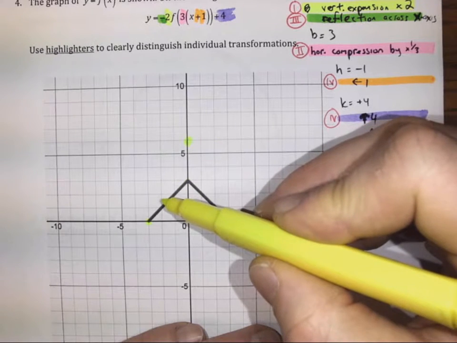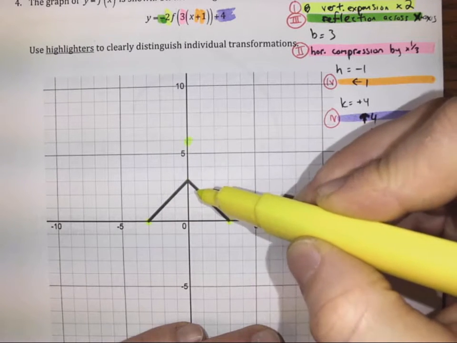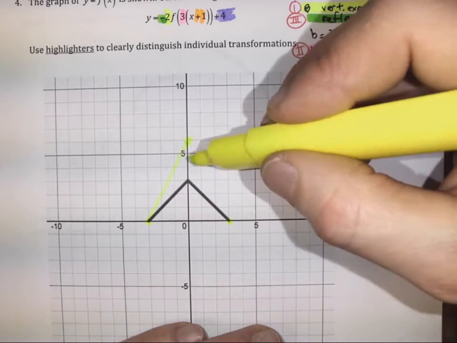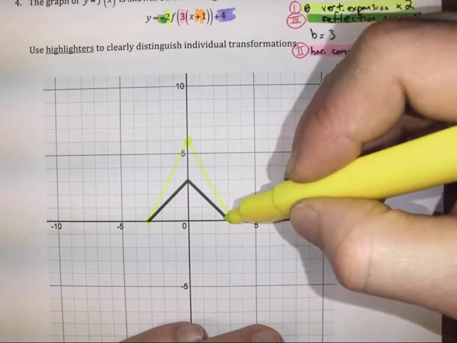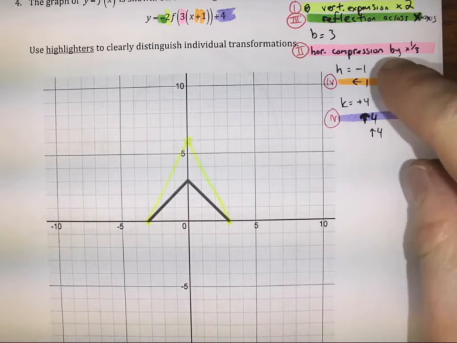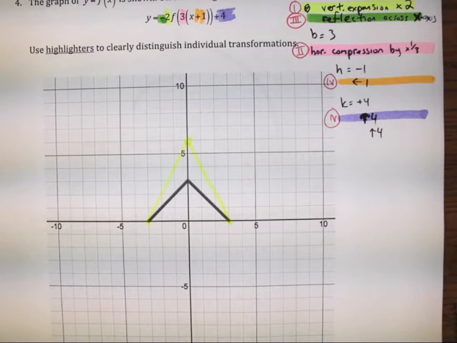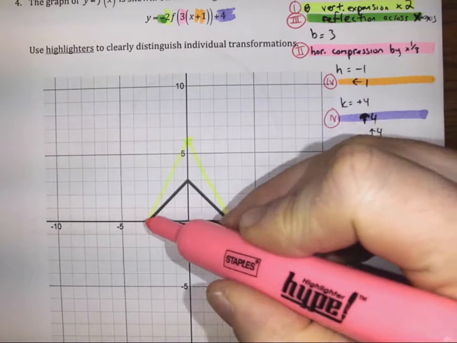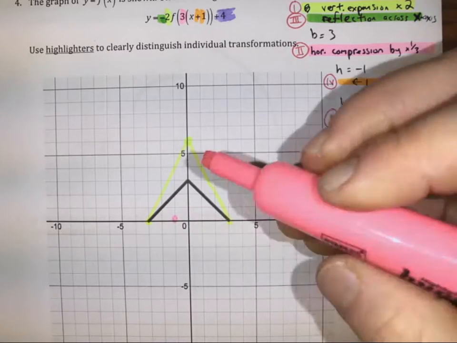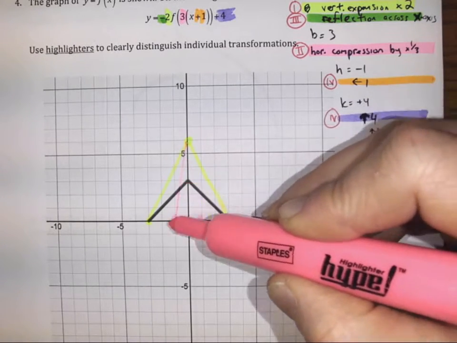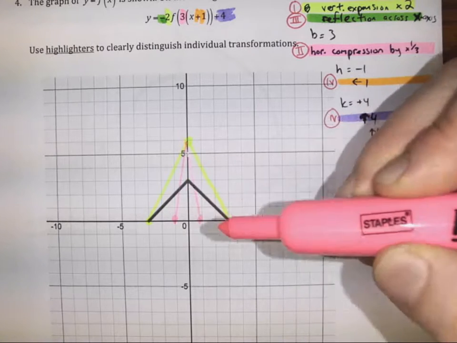Any of the y values in between here, I could also multiply by 2, and if I do, I get a line that looks like this, and a line that looks like so. Then we're going to do the second transformation, which is the horizontal compression by a third, which means all of our x values are going to be multiplied by 1/3, and it's going to get a little scrunched up here like that.